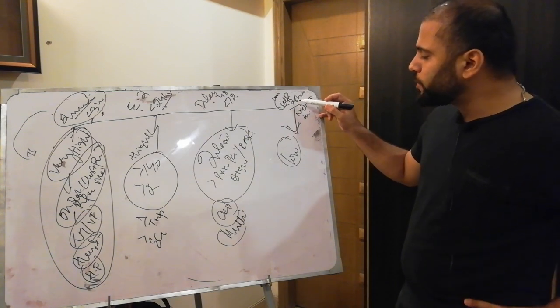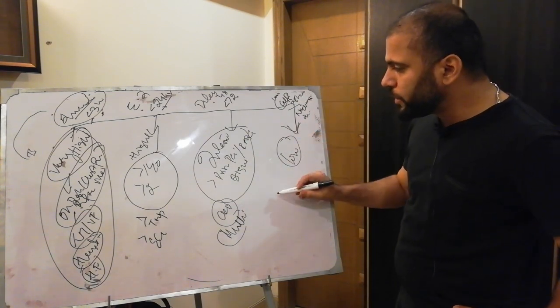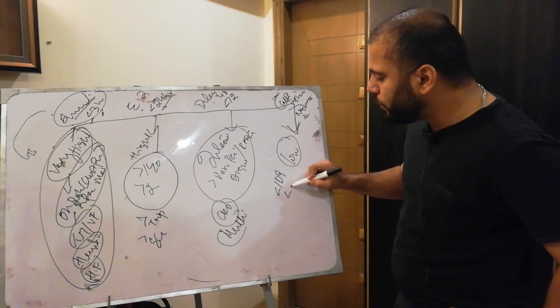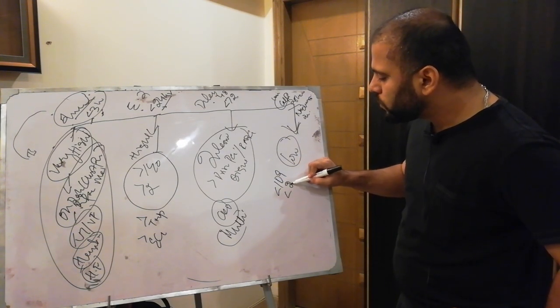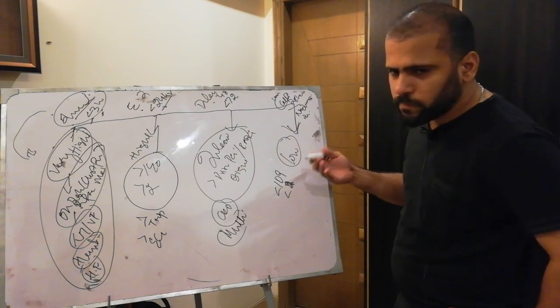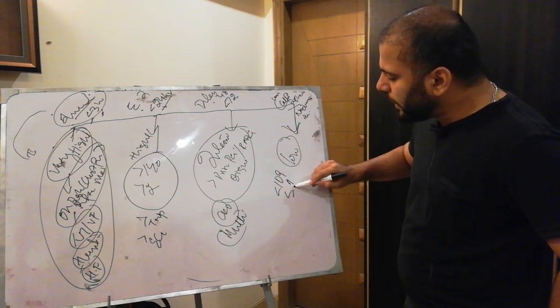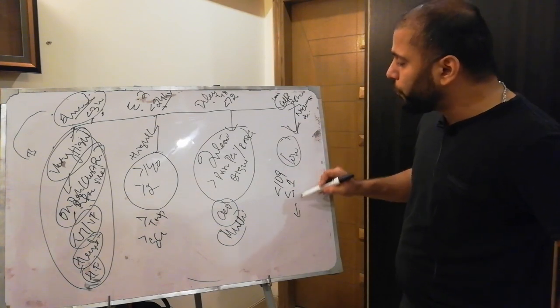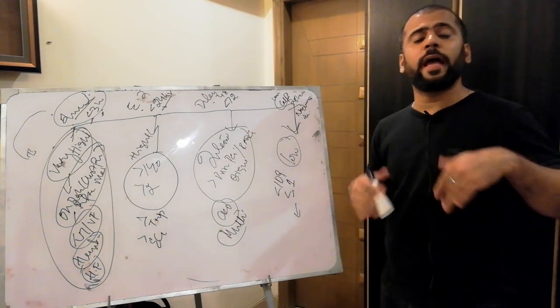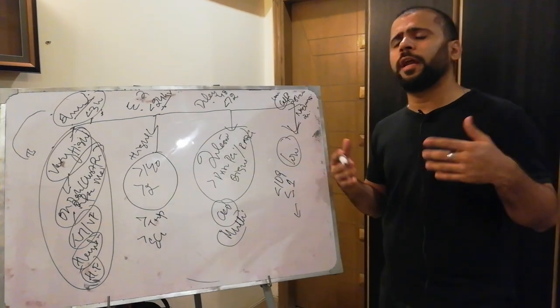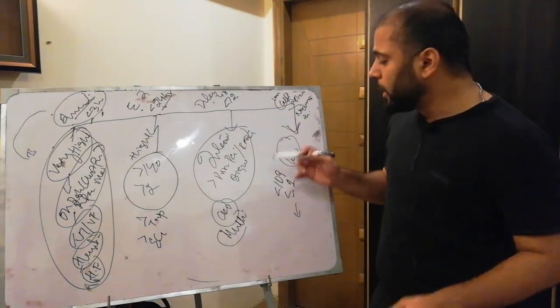And last but not the least, you have those patients whose Grace would be less than 109 and TIMI would be less than 2, like 1 or less than 1. So where should these patients go? These patients should go for any non-invasive investigation like multi-detector CT scan or stress testing.